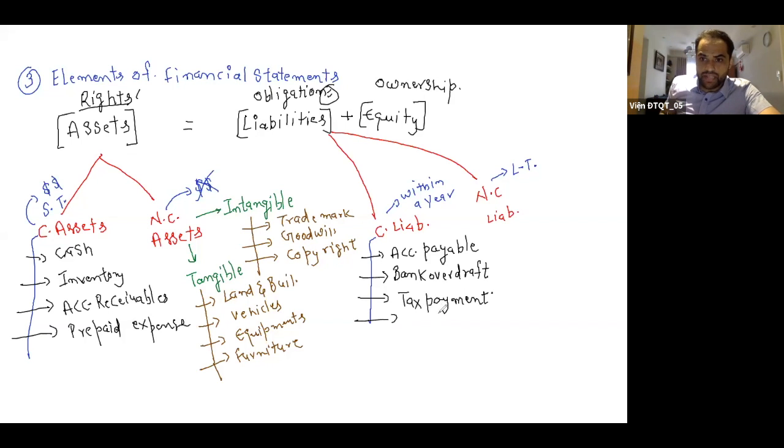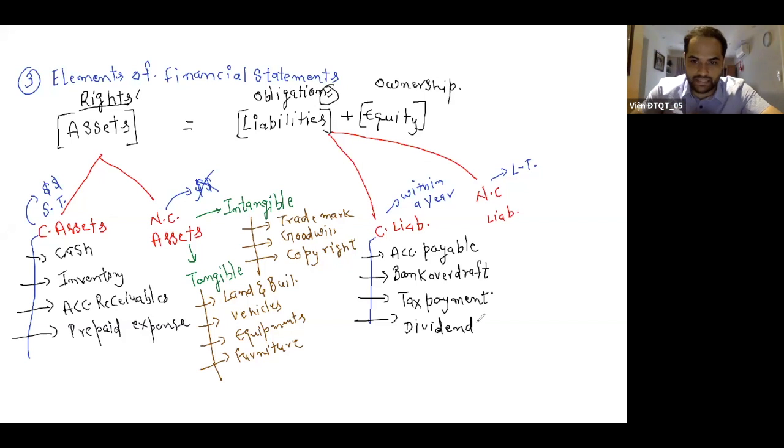Similar to tax obligations, we have dividend payments. At the end of the year, you have a profit and then you decide the dividend. If you do not know the meaning of dividend, it means profit distribution among shareholders. Whatever profit the company has, the company distributes that profit among shareholders.